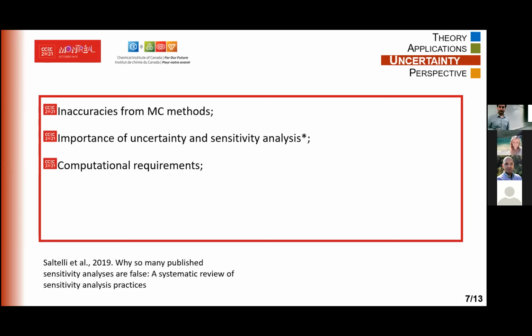Then we have an issue of computational requirements. Sometimes we may require very many simulations to have a decent evaluation of our parameter. And finally, this is a key point, algorithm efficiency, which is actually also part of future works related to Monte Carlo.